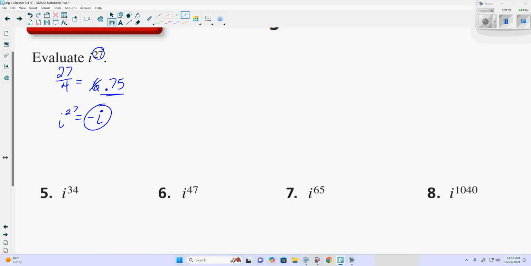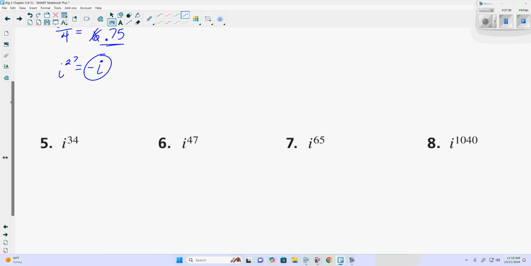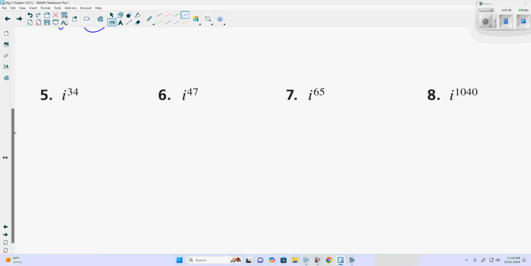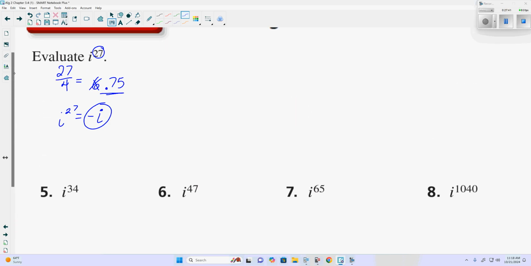The 6 doesn't really matter. It's all counting the cycle. It says we went through this cycle of 4 six times and then went 3 more. Questions on this here?